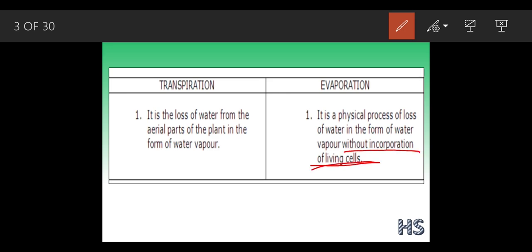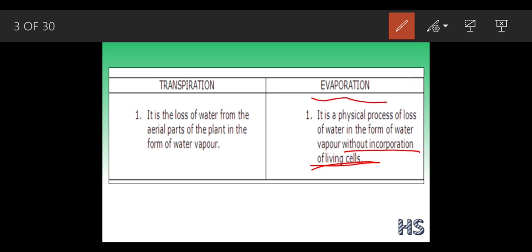I just want to give you an example. In the summer months, clothes dry quickly. Why? Because there is more heat, so the sun takes up more water from the surface. That is called evaporation.